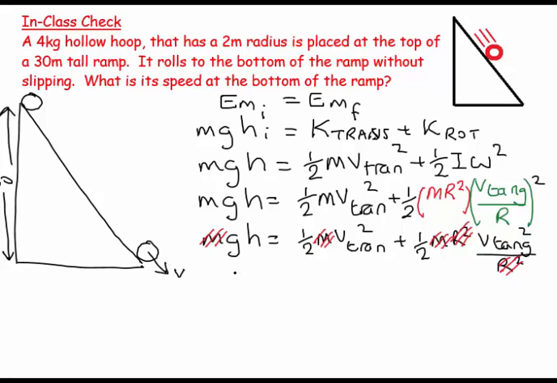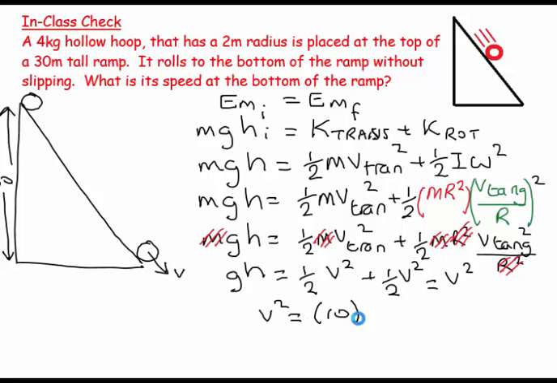So then we simplify and we go, well, gh is equal to 1/2 v, we can just call it v because the translational is the same numerical value as the tangential. A half v squared plus 1/2 v squared, which equals v squared. So v squared is going to equal 10 times 30, which equals 300.